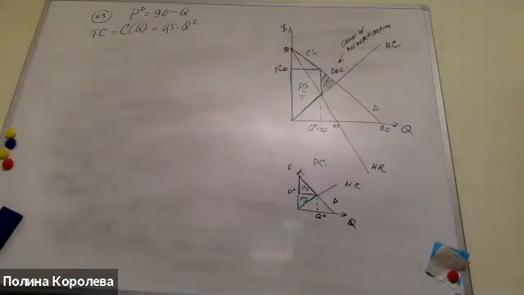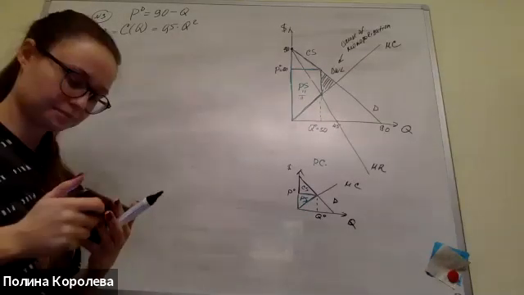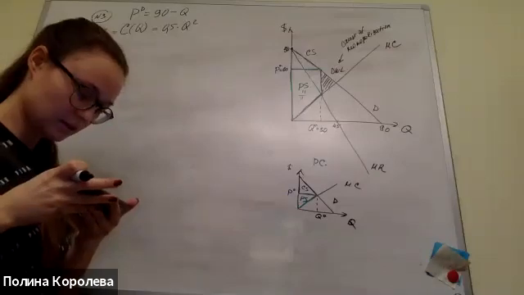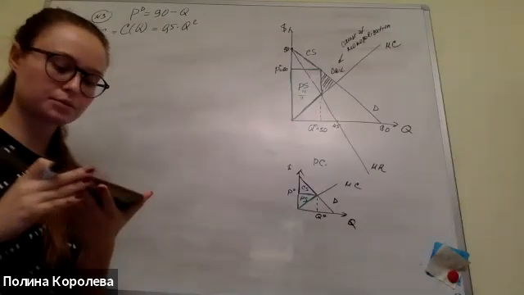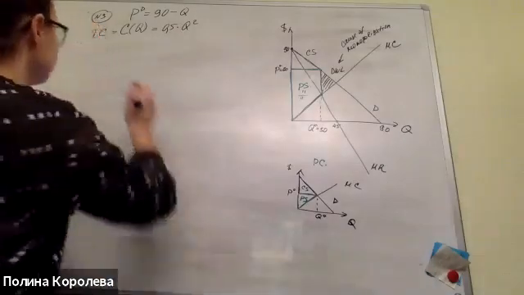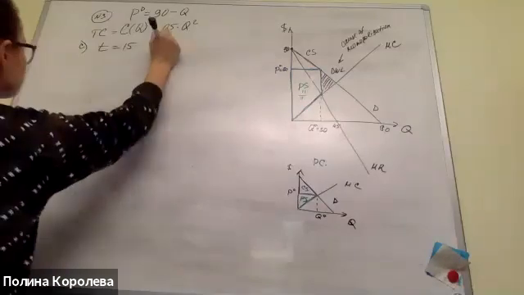In point C, the government introduced a per unit tax. Let's read. To cover budget deficit, the government introduces a per unit tax of $15 on the monopoly. So tax is 15 per unit.